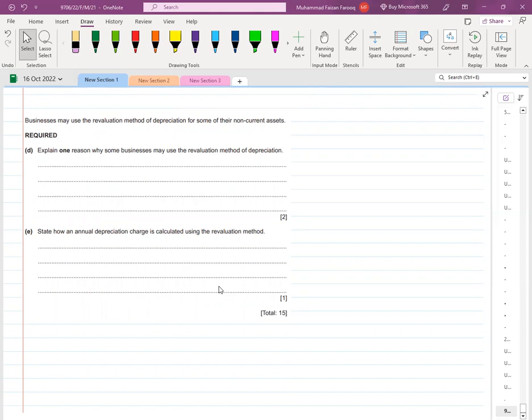We can write the revaluation method is used when non-current assets consist of many items of small values, for example tools, which make it impractical or impossible to calculate depreciation charge on each item. So what we are doing, we just make a difference of the market values as a depreciation. Same question we did from the official study text of Cambridge. Remember?